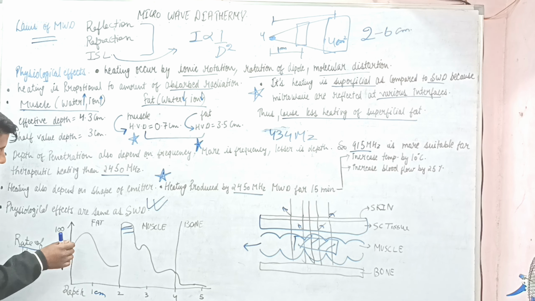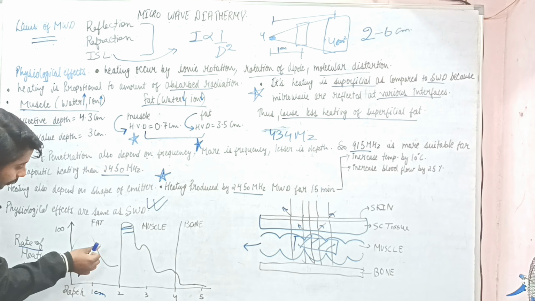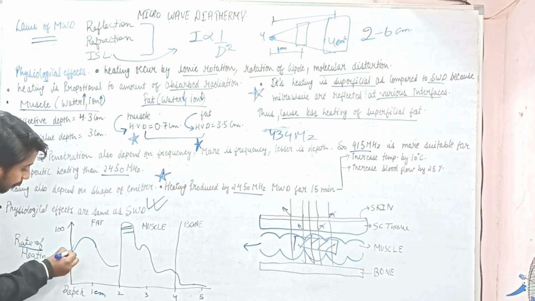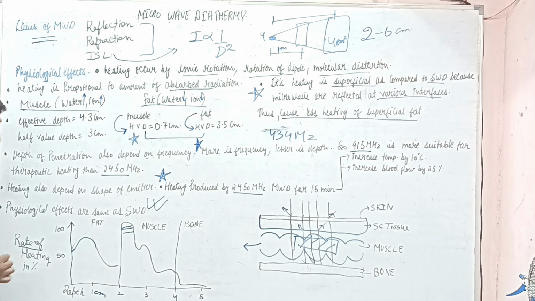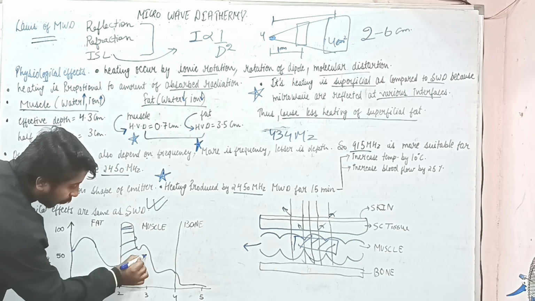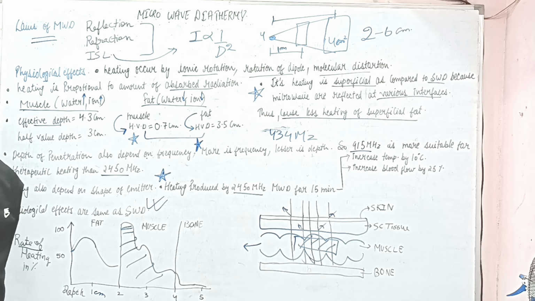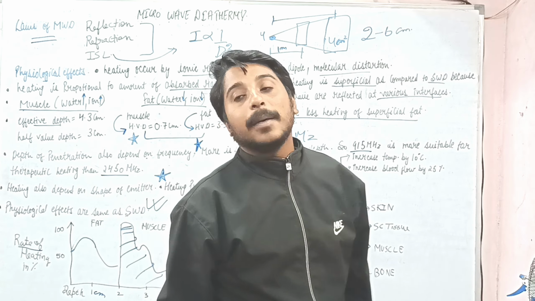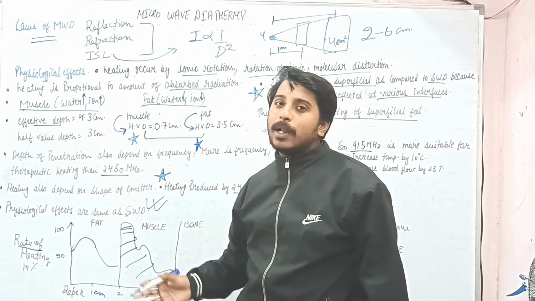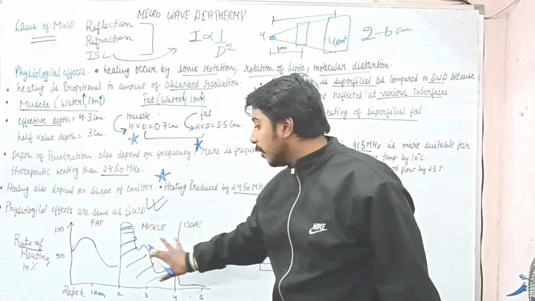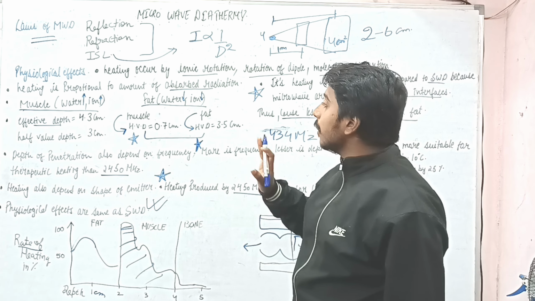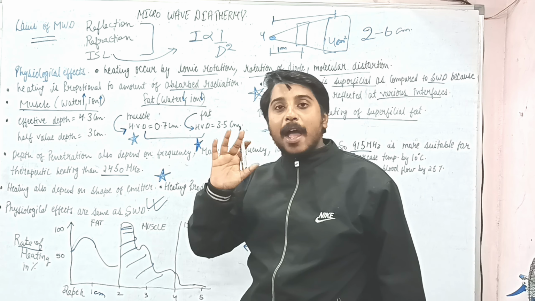Here it is about 50%, and in bone you can see it is very less. Why? Because in muscular tissue water and iron content is more as compared to fat or bone, where water and iron content is less. So you can draw this and understand the things more efficiently.